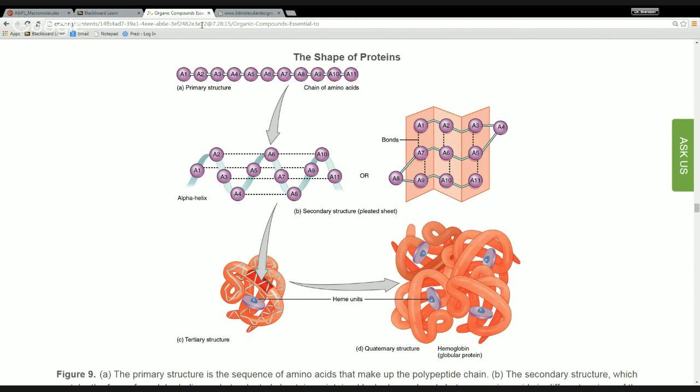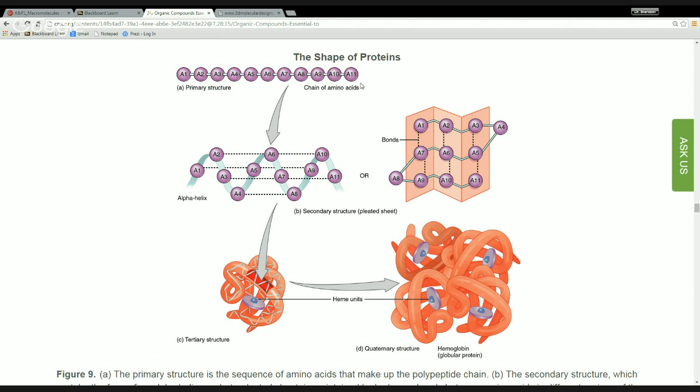But at the top here, there's just a chain of amino acid representing things linked together. That's a polypeptide chain. It's a very short polypeptide chain. Real proteins are going to be much longer than that, but just for the sake of illustration here, it's kind of short.